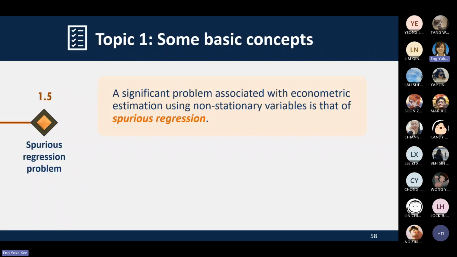Whenever you talk about an econometric problem, it must violate a certain assumption. An econometric problem always refers to violation of an assumption. So when one of the assumptions in time series data, which is stationarity, is violated, it will give rise to the spurious regression problem.